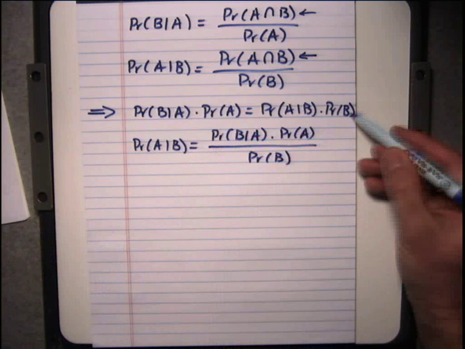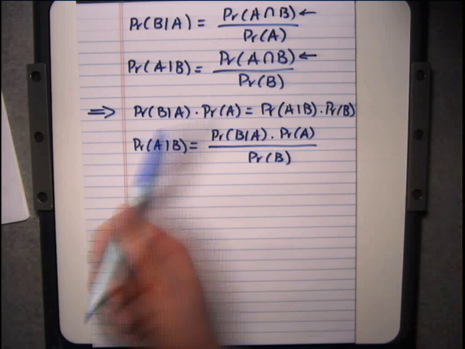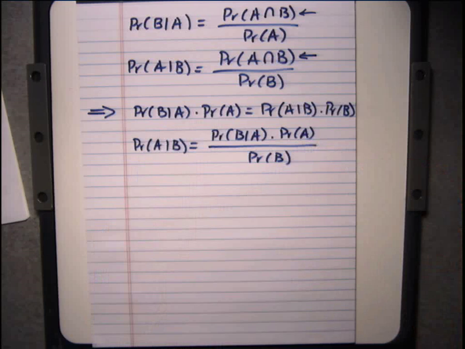This is just rewriting this last expression to this line. Okay? This is an important property to be able to use later on, because sometimes you're given an event A and sometimes you're given an event B, and you want to find the conditional probability in the reverse direction.